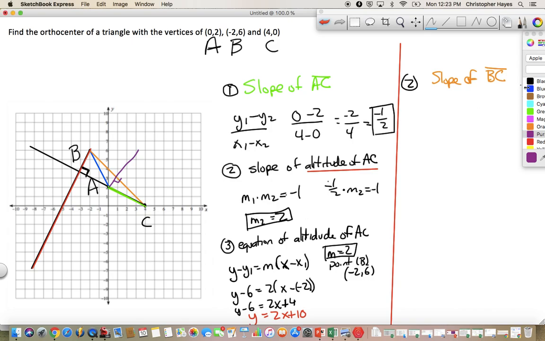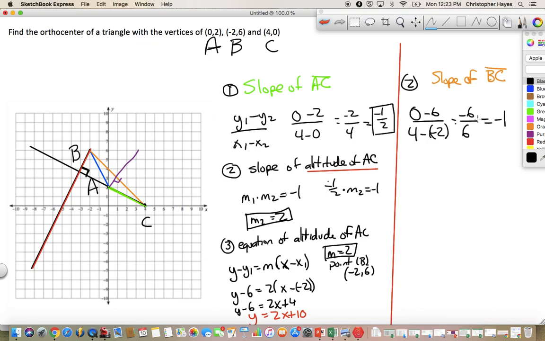So to find the slope, again, it's going to be y1 minus y2 over x1 minus x2. So in this case, that's going to be 0 minus 6 over 4 minus negative 2. That's going to equal negative 6 over 6, which equals negative 1.